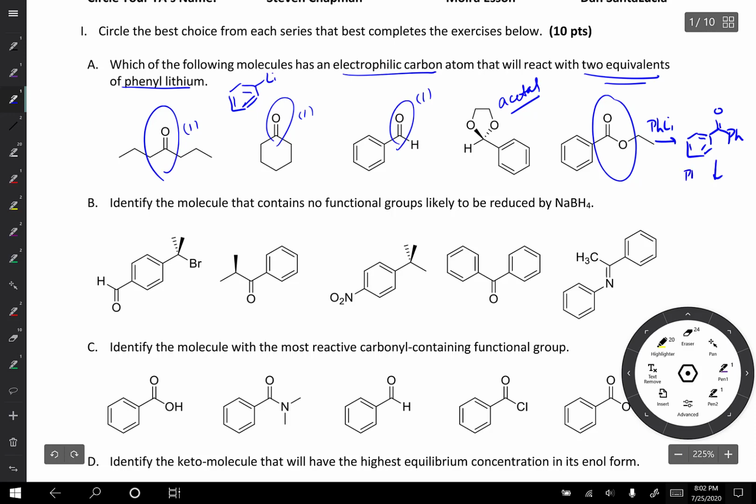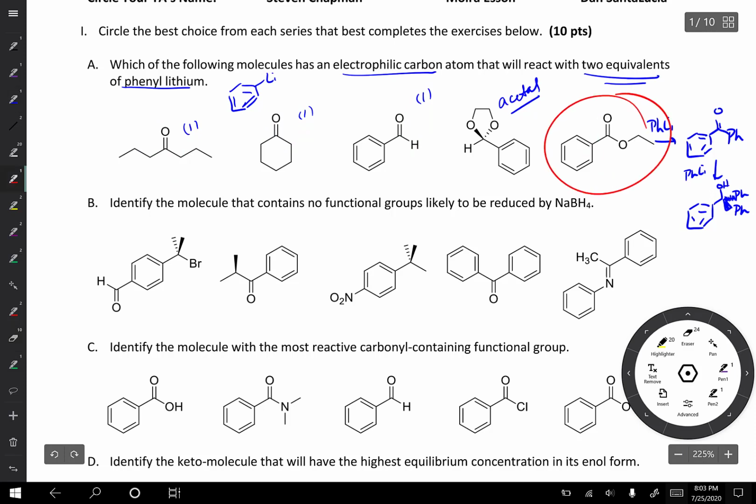And then we're going to react one more time with phenyllithium to get an alcohol. 2 phenyl rings. So this answer is going to be the last one. I shouldn't have circled those. Circling the carbonyl. So here is our answer.